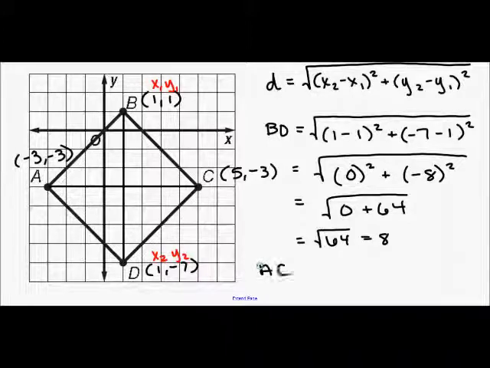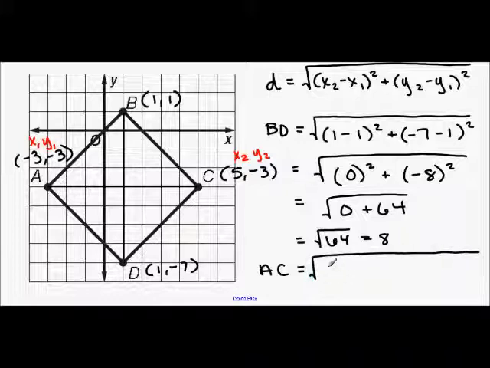Now we need to find AC. So square root of (x2 is 5 minus x1 is -3, so plus 3) squared, plus (y2 is -3 minus y1 is -3) squared.